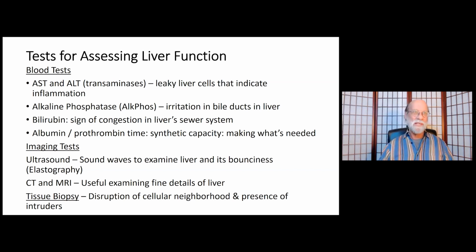There are also some imaging tests that I want to just mention briefly. The first is using ultrasound to look at the liver. These are sound waves that essentially are bouncing off the liver tissue, coming back to a sensor, and then being put together in such a way that we can take a look at what the liver looks like.